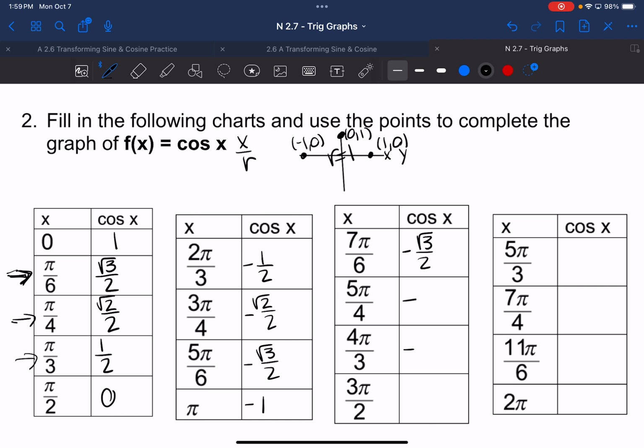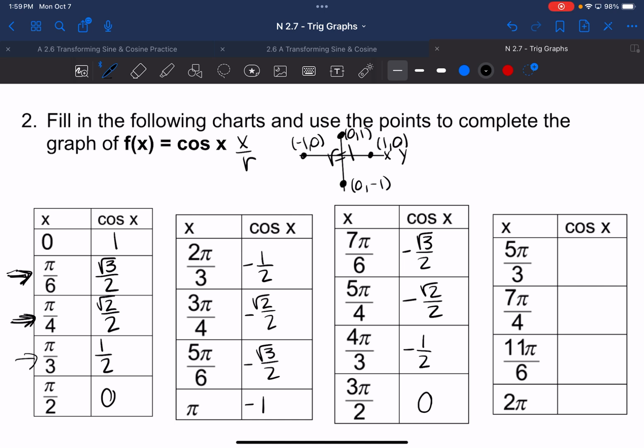Okay, our 4 in the denominator tells us it should be this ratio again. Good. And then 4 pi thirds, what's that one going to be? Right. And then 3 pi halves, that's this point down here, which is 0, -1. So 0. 0 over 1 is 0.